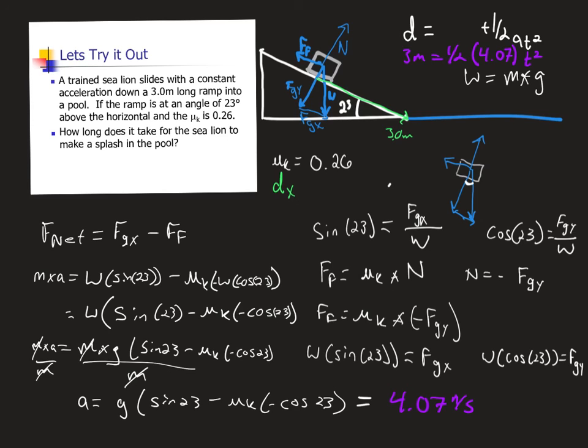Solve for that. We can multiply it by 0.5 right off the bat. If we wanted to get rid of it, we would have 3 divided by 2.04 roughly, to give me about 1.47. Take the square root of that, and we end up with a time of 1.2 seconds.